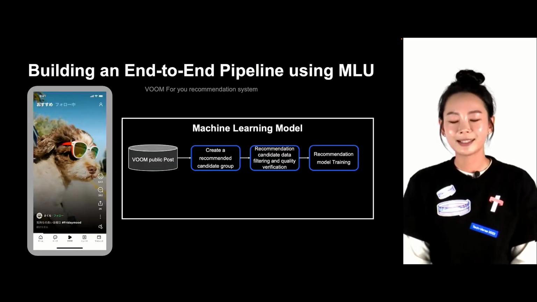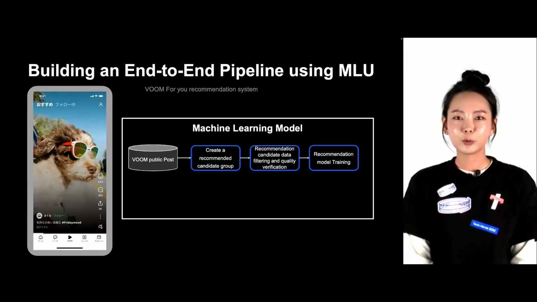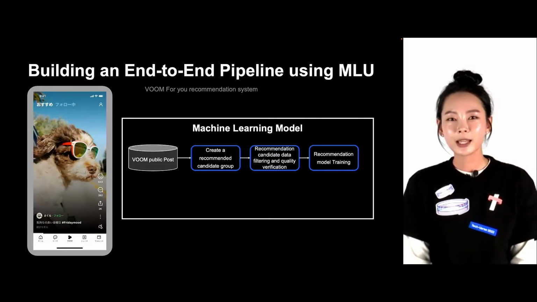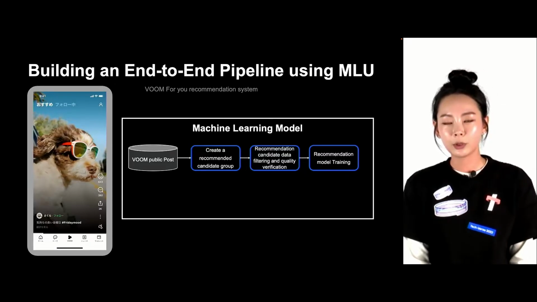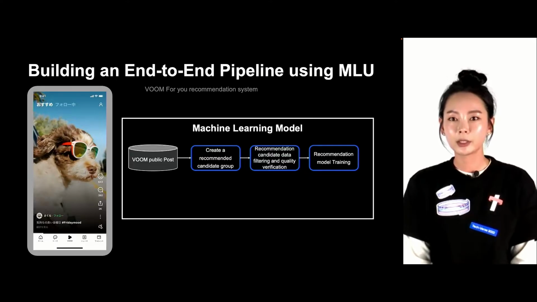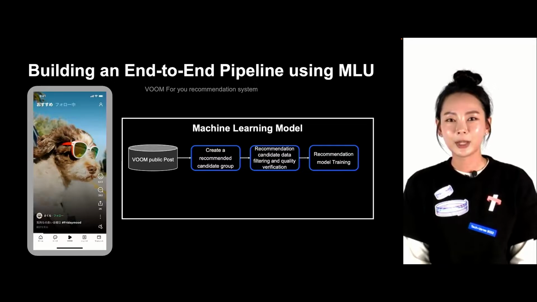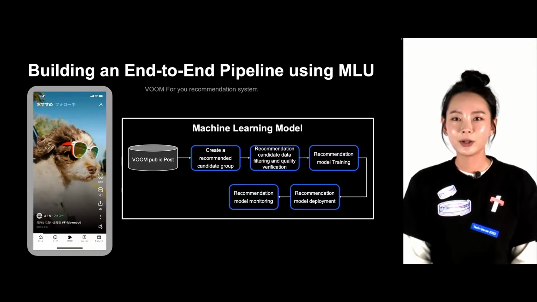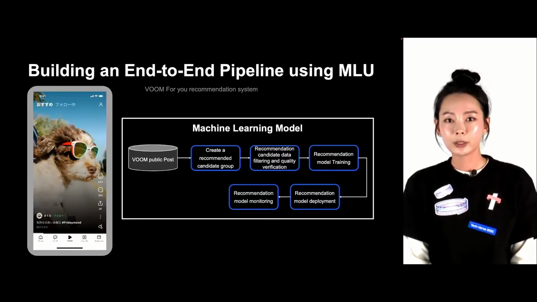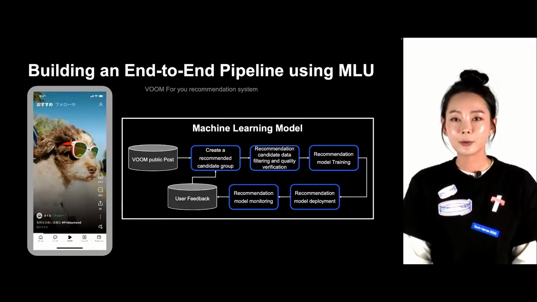And this is where we use the machine learning recommendation model. So the candidates for recommendation for the user are created, and based on the feedback and quality, data is verified and filtered. And based on that data, various embedding processes will be done, and then the model will be trained and distributed.